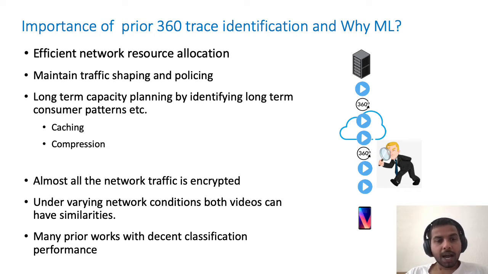Also, under varying network conditions, we saw that both video types, 360 and normal, showed very similar properties, so we need to analyze subtle feature differences in order to make a proper classification. And we have also seen many prior works with decent classification performance in the network traffic analysis domain. So these were the motivating factors for using machine learning in 360NorVic.